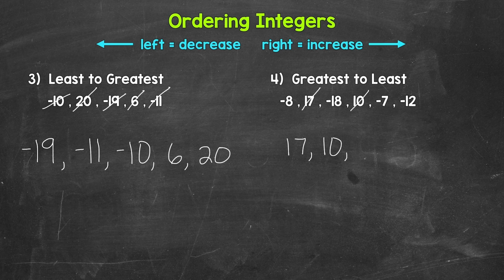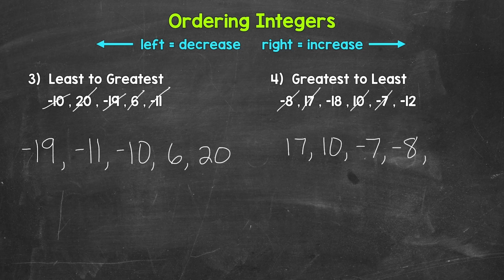Now we have -8, -18, -7, and -12. So we are working our way left on a number line. So next is -7. And now we are down to 3, -8, -18, and -12. Next is -8.